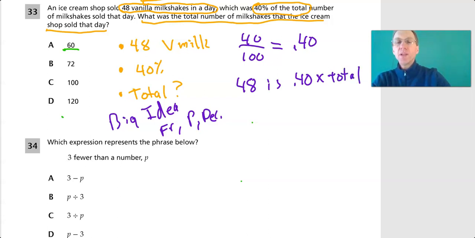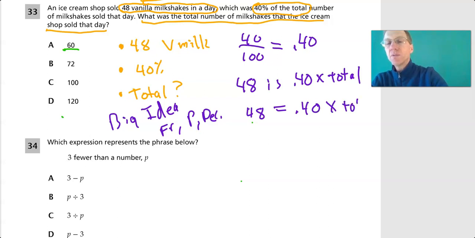Okay, so another way to do this is to say, oh, well, 48 equals 40% of the total. And this might be a little harder for you to see because maybe we haven't done the algebra, but anyways, you can solve for this. We talked about in the video right before this using inverse operations. So this is 40 hundredths times the total.